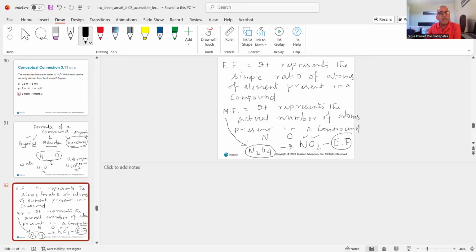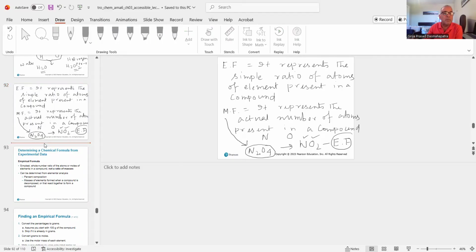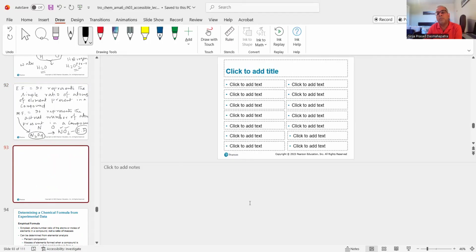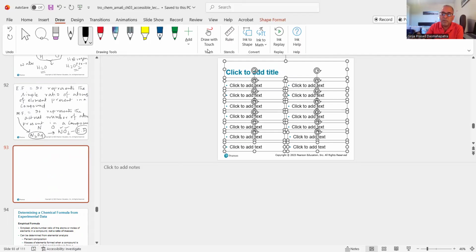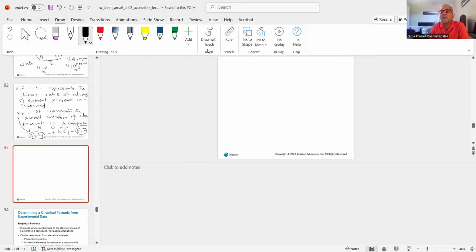So does it mean that every compound has both an empirical formula and a molecular formula? No. Sometimes you will find there is no way to simplify the ratio of the atoms. In that case, you will have no way to differentiate between empirical and molecular formula. For example, take the compound C6H12O6. This is glucose.